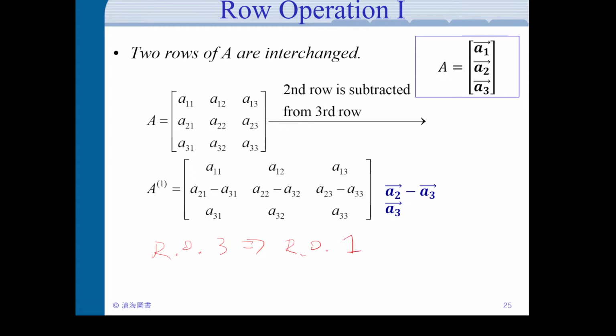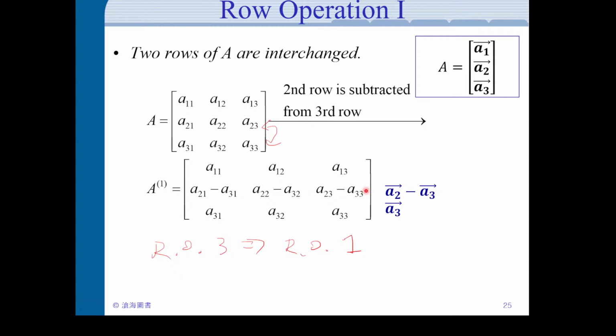And so we start by doing row operation 3, to say we now want to change the second row and the third row. Let's assume our matrix has the first row, second row, and the third row. First we subtract the third row from the second row, so we get this matrix, and we never move the first row.